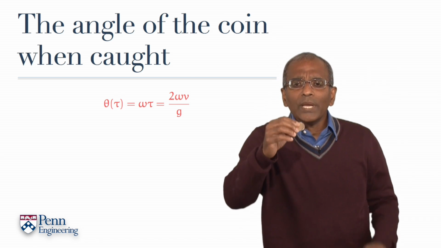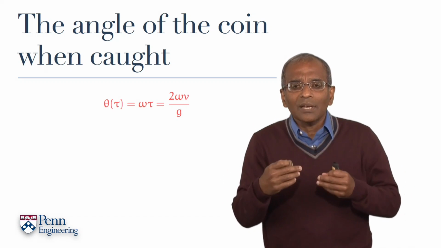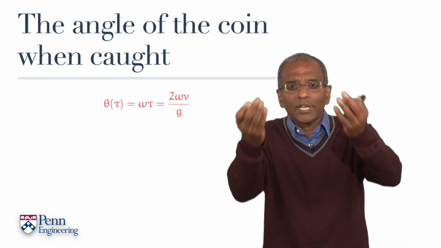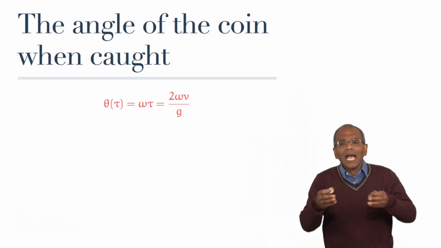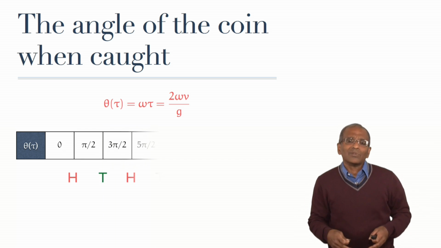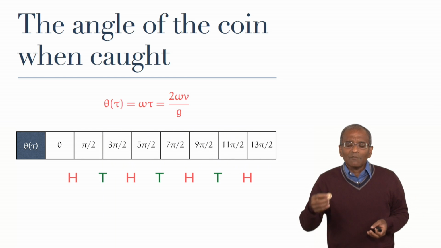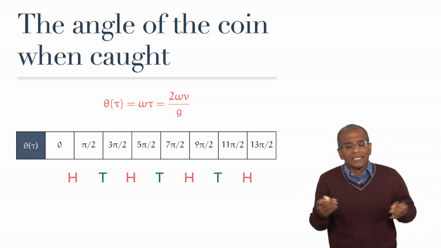And so we get 180-degree swings. For every 180 degrees, you get heads. The next 180 degrees, you get tails, then heads again, then tails, and then heads, and we get this very simple description. Writing it in terms of radians, from 0 to pi over 2 radians, the coin will end up showing heads.